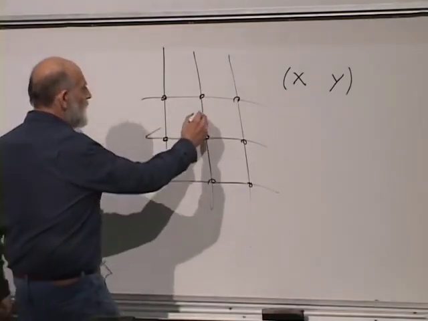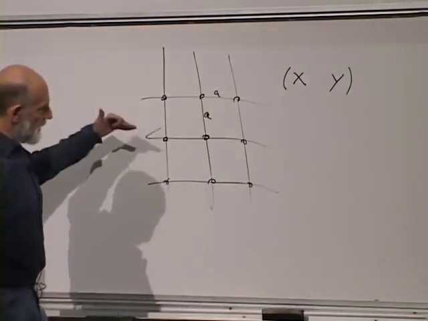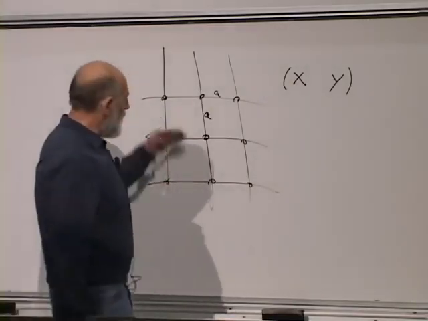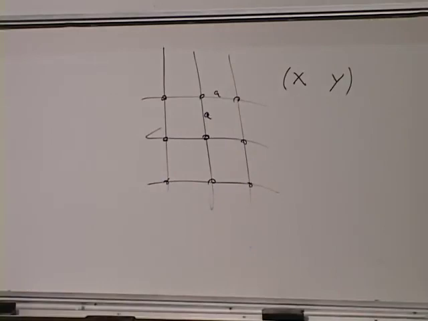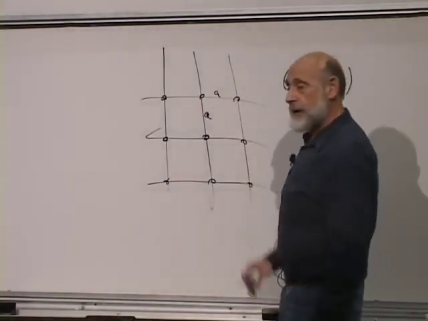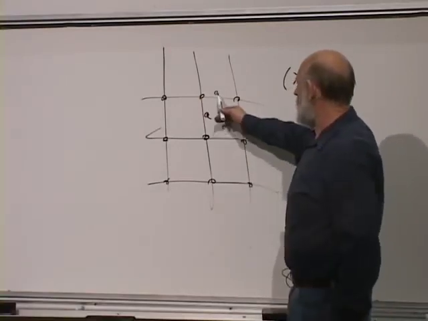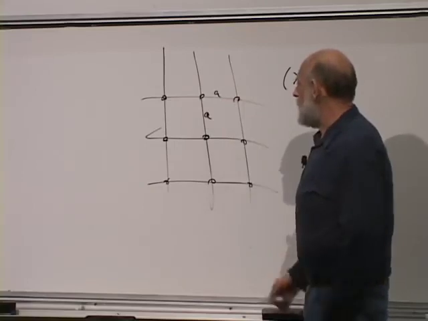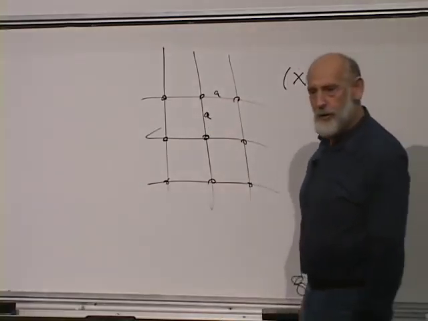But the distance between neighbors is again called a in both directions. That brings up an interesting question. Do we know that the separation between galaxies in this grid model along the x-axis is the same as the separation between galaxies along the y-axis?